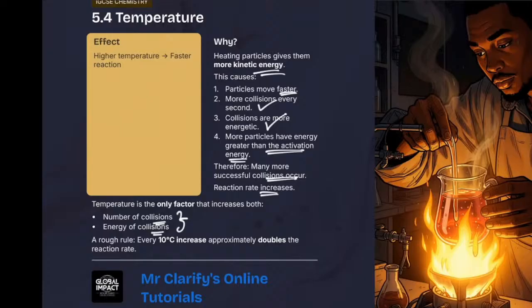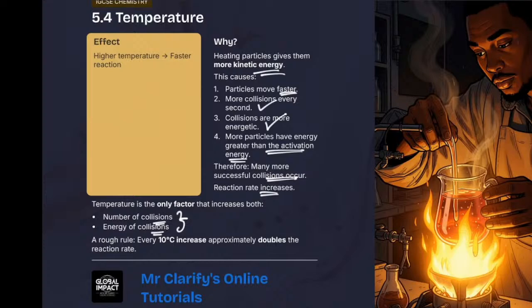Because for you to have a successful collision, your energy must be greater than activation energy. And that will happen if we increase your temperature. You gain kinetic energy, which means the energy in the collision is greater than the activation energy, and there will be more successful reactions.